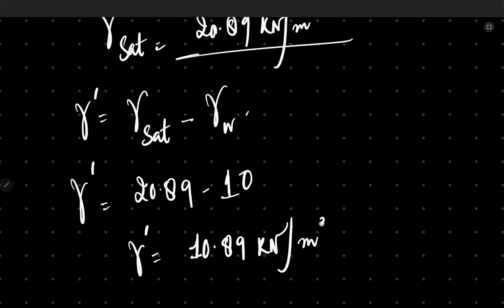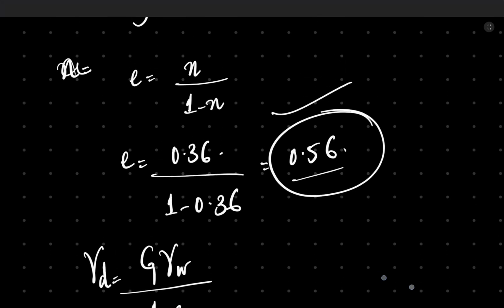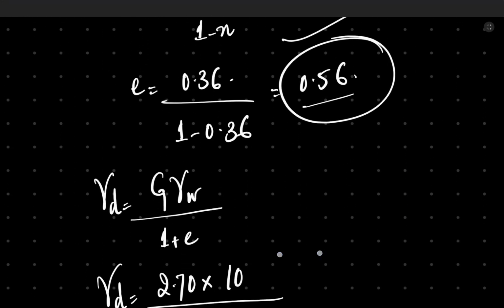So submerged unit weight becomes 10.89 kilonewton per cubic meter. So we have calculated each and every parameter and the question stands completed. Moving on to the next one.